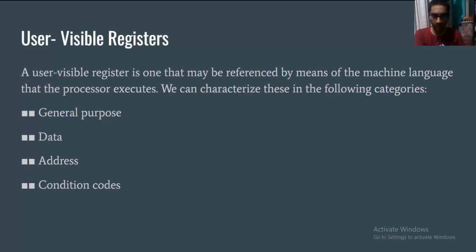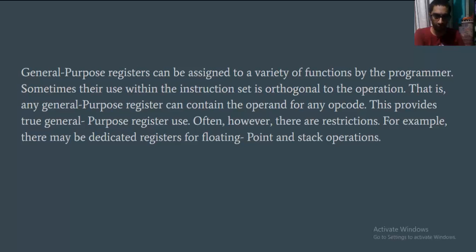We can characterize these in the following categories: general purpose registers, data registers, address registers, and condition codes. General purpose registers can be assigned to a variety of functions by the programmer. Sometimes their use within the instruction set is orthogonal to the operation, that is, any general purpose register can contain the operand for any opcode.